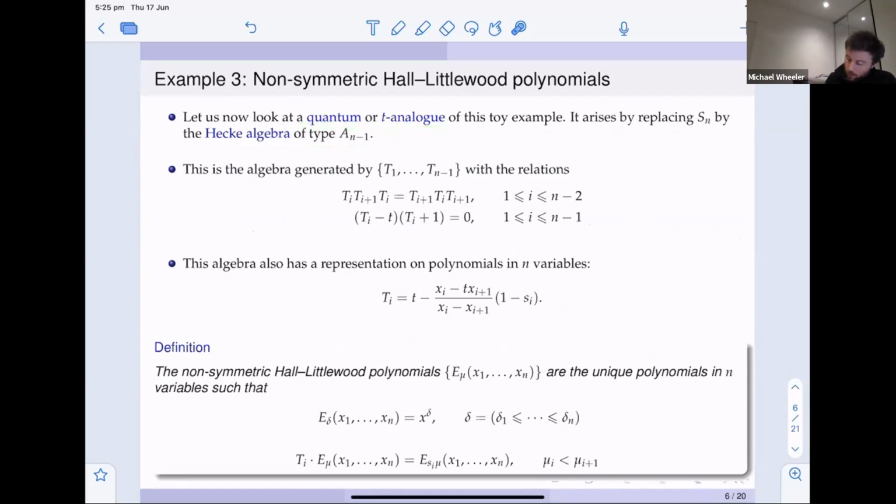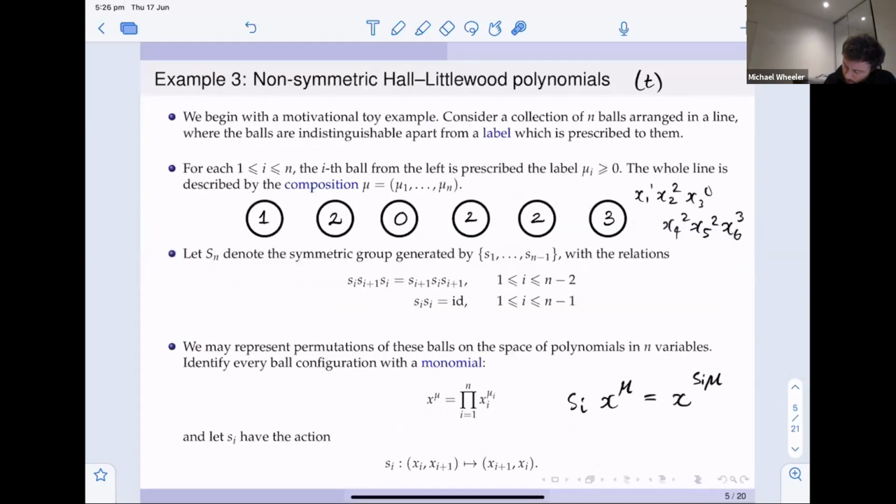So the Hecke algebra is given in terms of, again, generators T_1 up to T_{n-1}, which satisfy the same braid type relations here. But then one of the relations gets deformed. So normally you have this relation here where s_i squared is the identity. Now, if I like, I could rewrite this as (s_i minus 1)(s_i plus 1) is equal to 0.